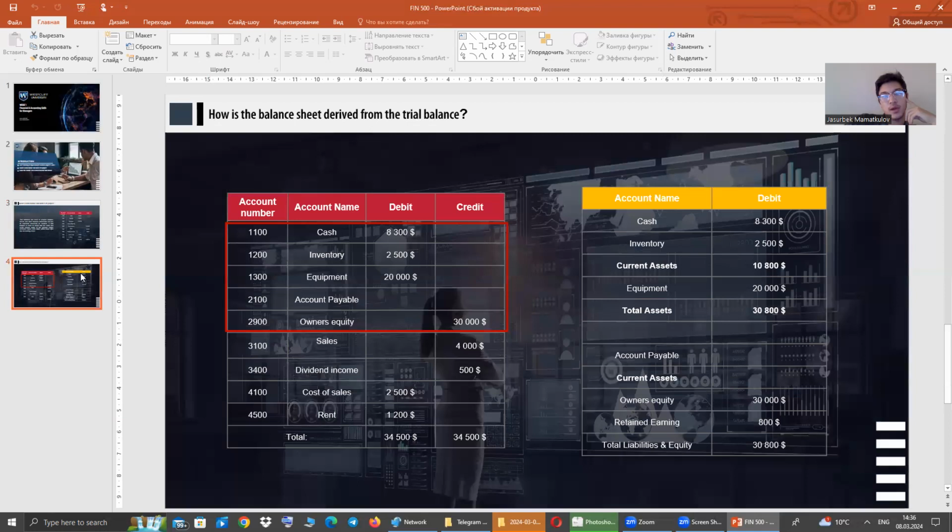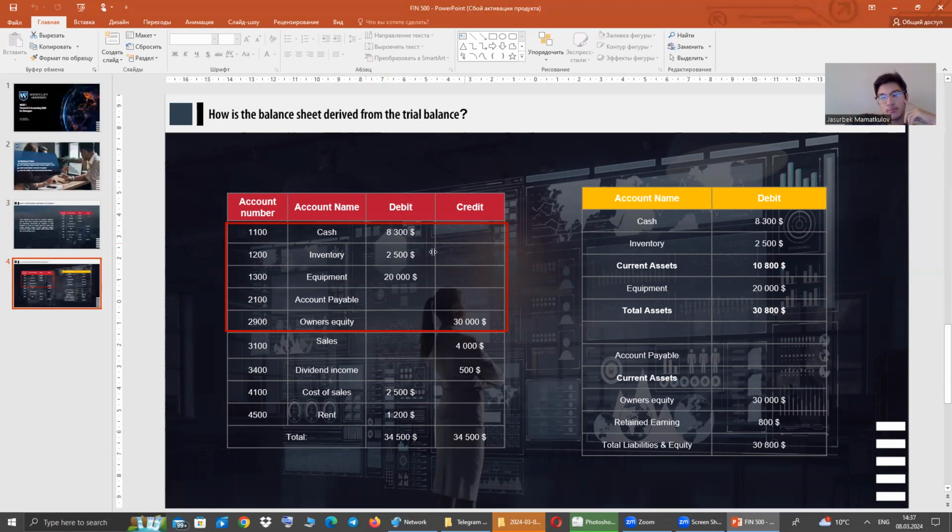How to convert the trial balance to the balance sheet? Actually, it's not so hard. After getting all this information, it doesn't matter during the period or the year, we can just transfer it into the balance sheet. Let's look here.